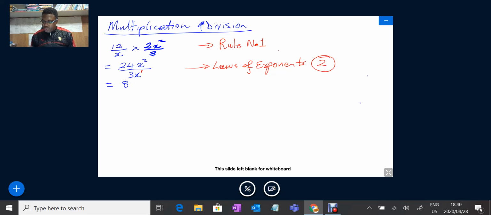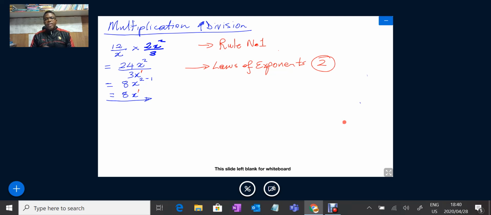So I'm going to do that. x to the power 2 minus 1, which gives 8x. Remember, we have this power 1 here. I'm writing it in red. You don't have to write it. I'm just showing you.